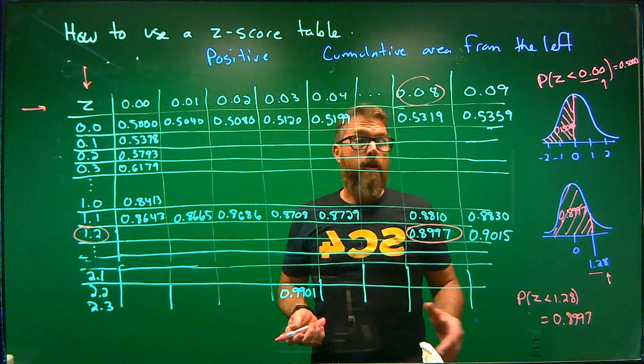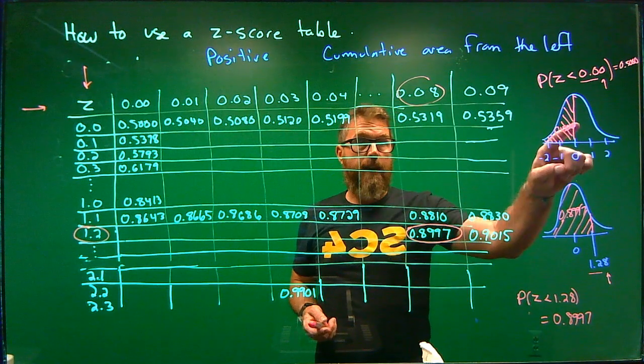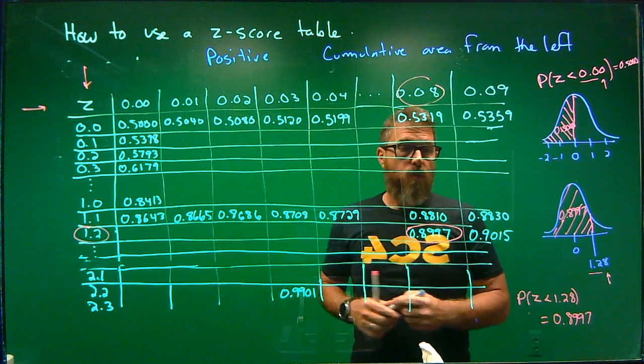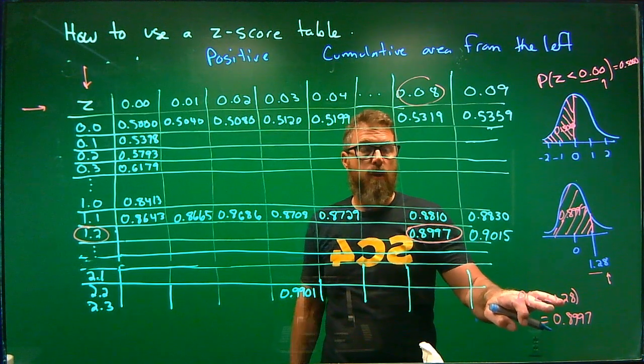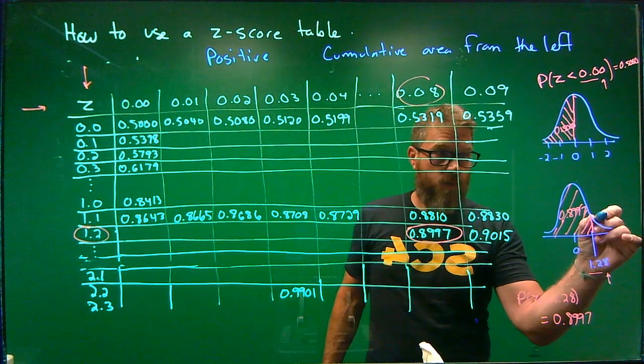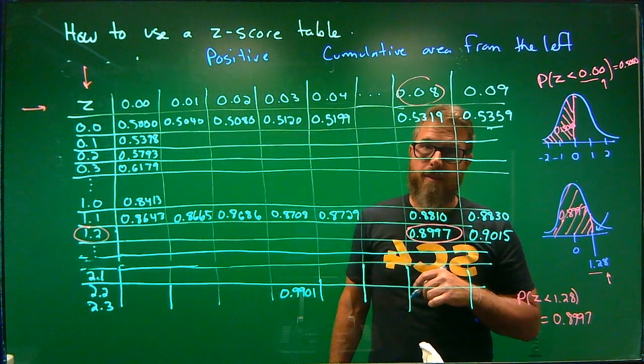Now what the table does a great job of is it gives you area to the left. So that's all it can do for you. So if you need to find area to the right, you're going to have to get clever with this. So what if I ask you, what is the probability that the z-score is to the right of 1.28? Really what I'm asking for is what's this area in here, that missing area.